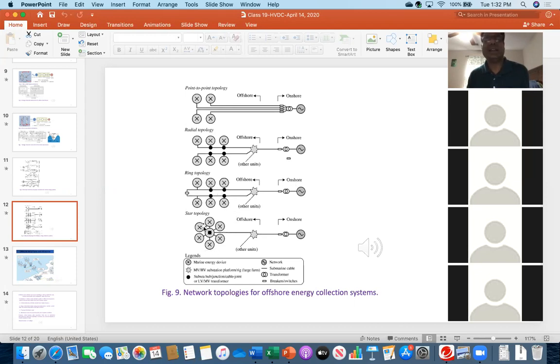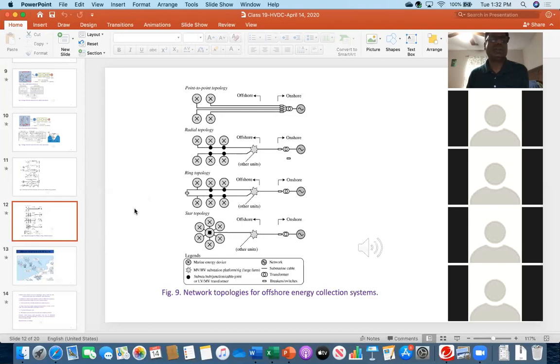Then another topology is the star topology. All energy converters are first connected in the form of a star, they come to a common connection point, and that point is connected and then goes online to the onshore. So these are the technologies or connection structures available so far.